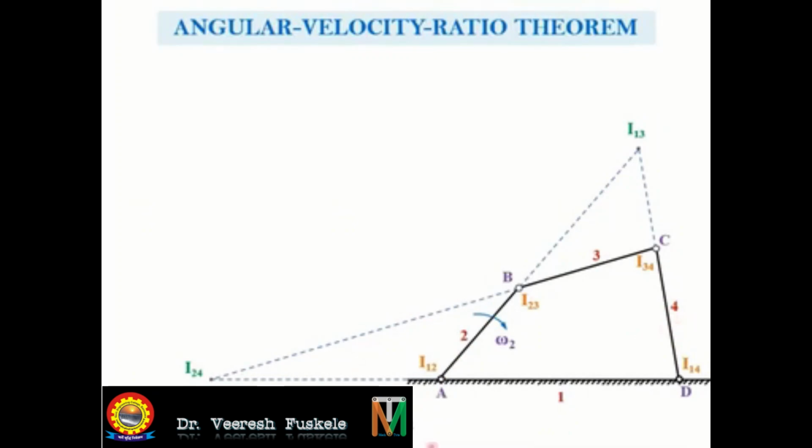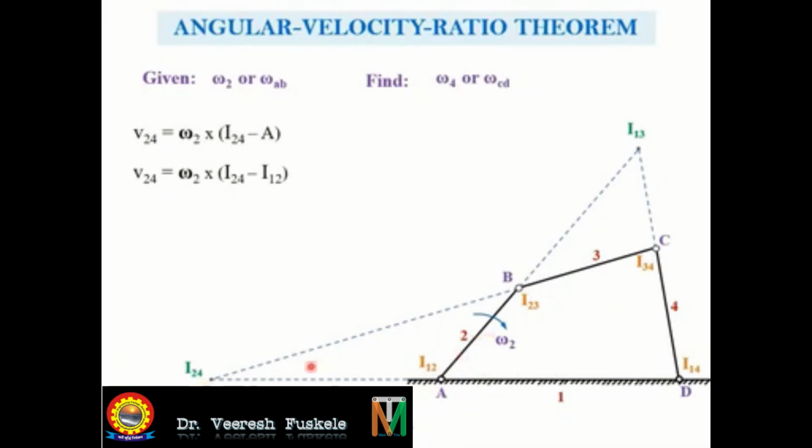If we consider I24 to be a point on body 2 which is rotating about A or I12, so the velocity V24 will be equal to omega 2 into I24 minus A. This can be written as omega 2 into I24 minus I12, as the link 2 is rotating about the center A or I12.